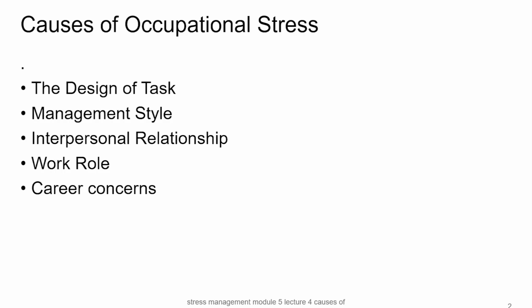Let us begin with a recap of what we are going to study today. Today, we have tried to classify the causes of occupational stress according to the factors related with the work and work setting. Primarily, we will focus on the design of the task, the management style, interpersonal relationship, work role and career concerns.